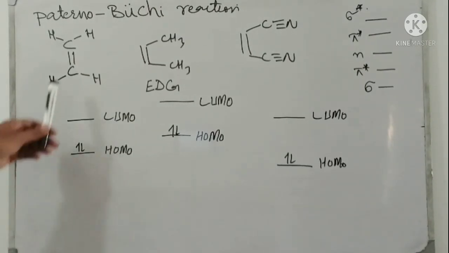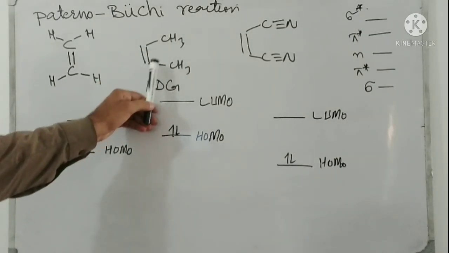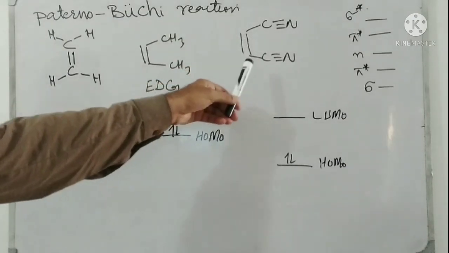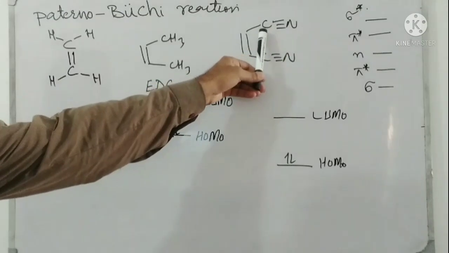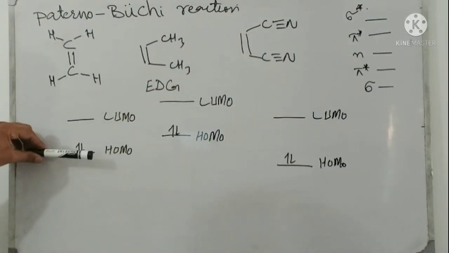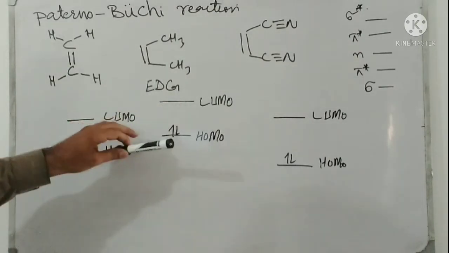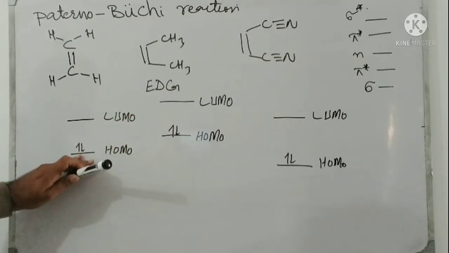Here we have the simplest alkene, ethene. Here this one is a cis alkene with electron donating methyl groups, and here this alkene has two cyano groups. They are strongly electron withdrawing. For the simplest alkene, we draw the HOMO and LUMO like that. But when an electron donating group is attached, it makes the HOMO higher in energy than that of the simplest alkene.